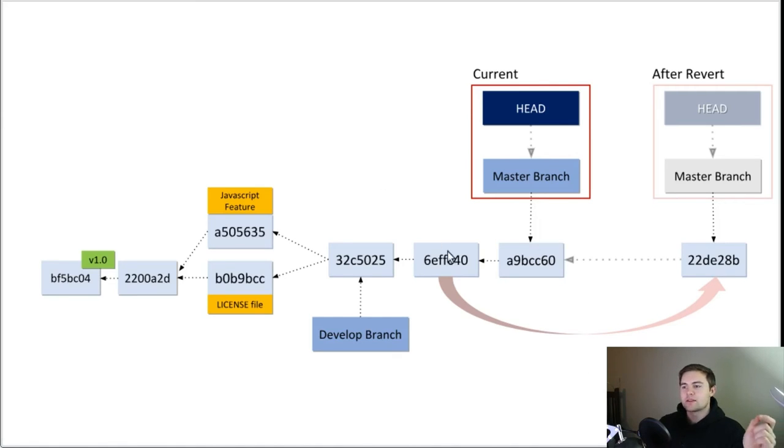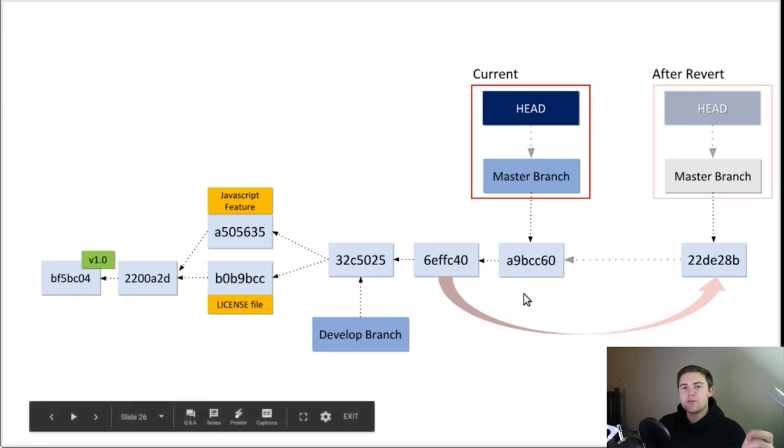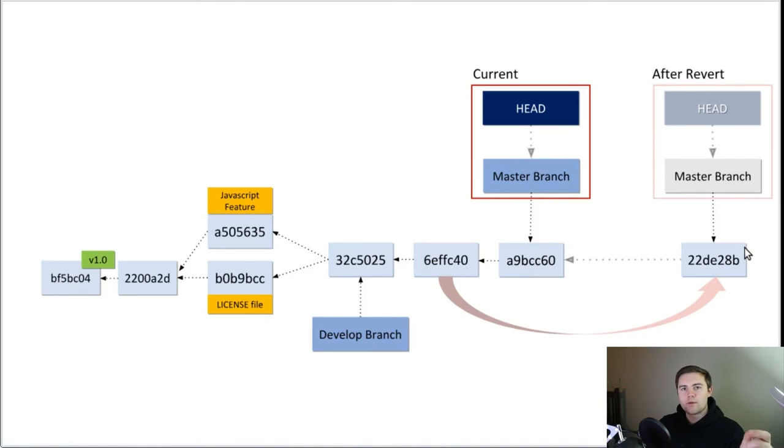Now remember, with this revert command, we are going back to a point in time, say the 6EFF commit, and taking the snapshot of the files at that commit and pulling those forward and replacing what is currently at the A9BCC60 commit, which is where the head and the master branch are pointing at the moment. So in effect, we move forward 1 commit in the repository, except we now are back at a previous state. We still have the history of everything that we've done.